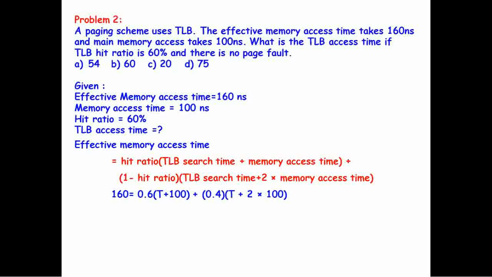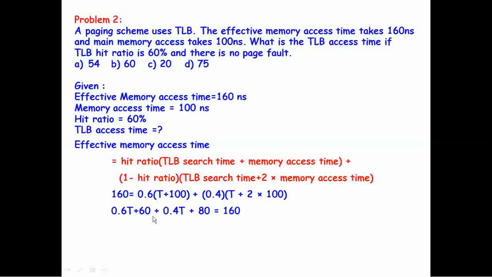We don't know TLB search time, so I have taken this as T. Memory access time is 100 plus 1 minus hit ratio is nothing but miss ratio. Miss ratio is 0.4. TLB search time we don't know, so hence it is T plus 2 into memory access time is 100. One more data is given, effective memory access time is given. So let me equate the equation to 160.